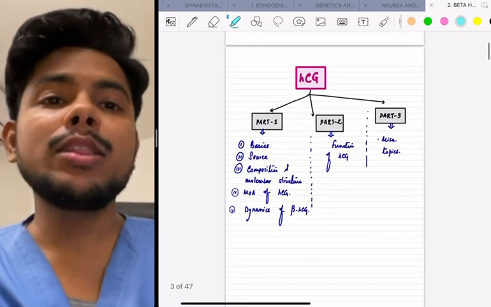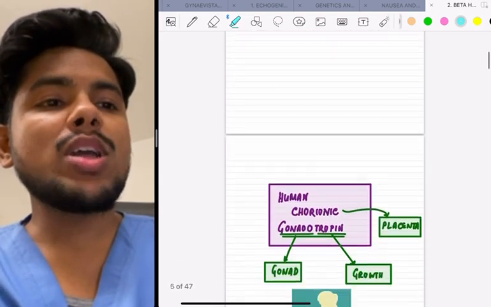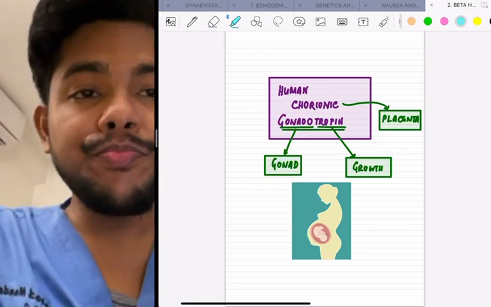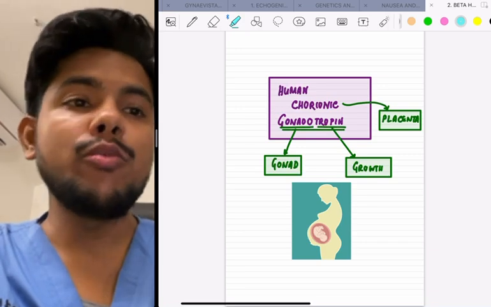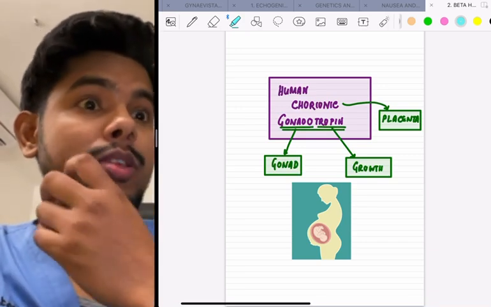So let's begin from the scratch. First, we'll be decoding the terminology. Okay. So we're going to discuss human chorionic gonadotropin. It's a hormone which is released from placenta. We all know, right? So human, we know Homo sapiens sapiens.